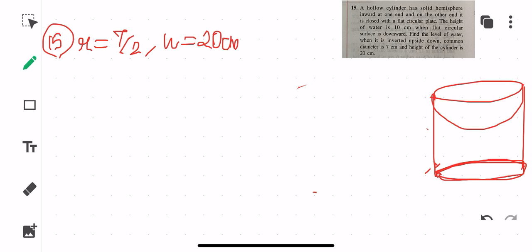So it is understood, children, that since it is the cylinder, we will be using the formula of the cylinder. Okay, so now see here, children. First, initially we will be calculating the volume. H is equal to 20 centimeter they have given, but the water is only up to which level, children? The water is only up to 10 centimeter.